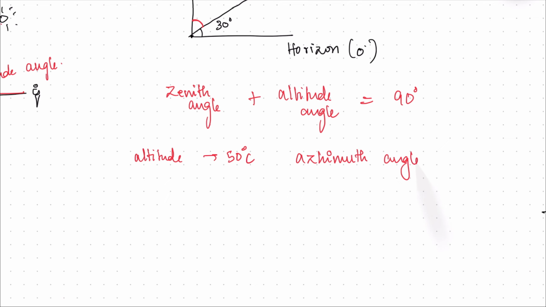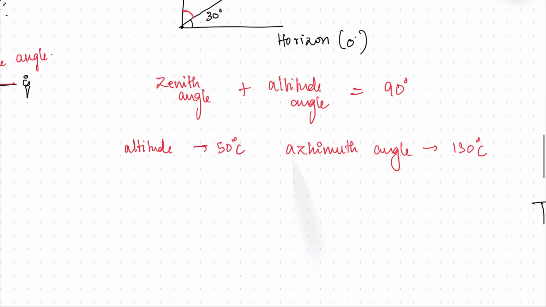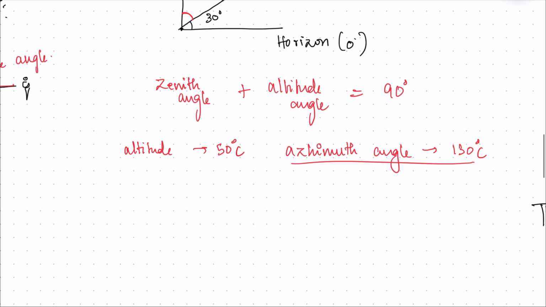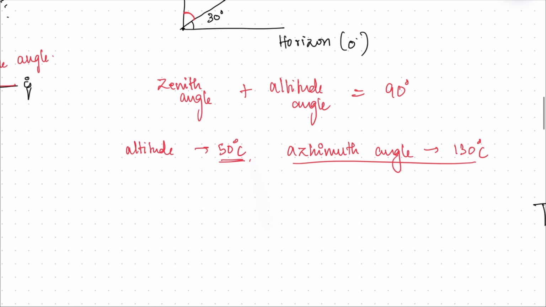Then what is the zenith angle of the sun? Here you do not need the azimuth angle at all. You can just take this 50 degrees and find your zenith angle. So your zenith angle would be 90 minus 50, which is equal to 40 degrees.